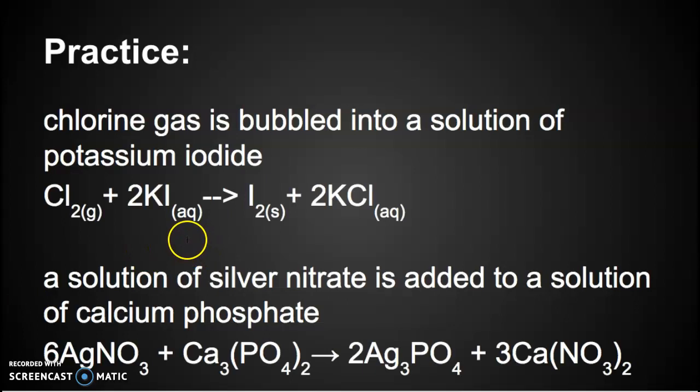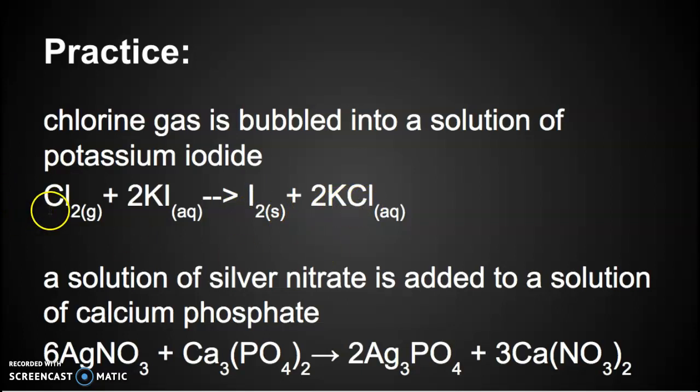Okay, so here for our first one, chlorine gas is bubbled into a solution of potassium iodide. So I have chlorine gas and I have potassium iodide, KI, which is aqueous because it's a solution. Well, about the only thing we can do here is single replacement. Chlorine likes to be negative, iodine likes to be negative. So we're going to have the chlorine replace the iodine to make I2, because iodine's also diatomic, and KCl.